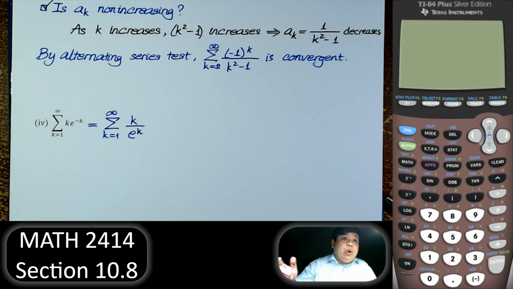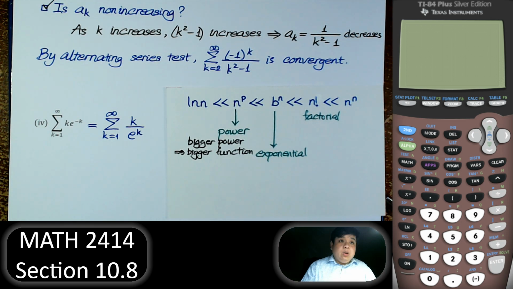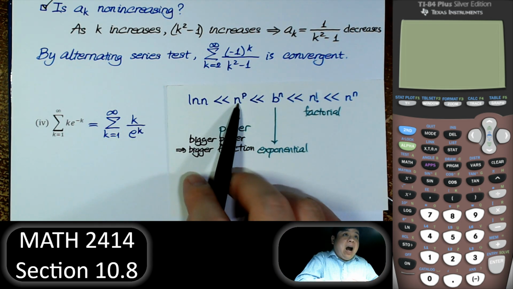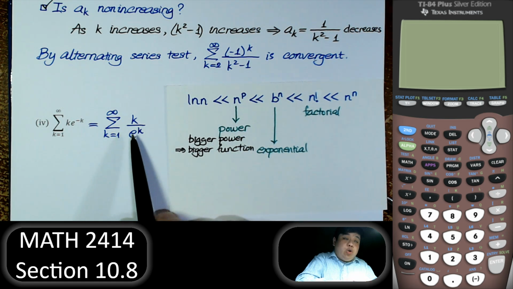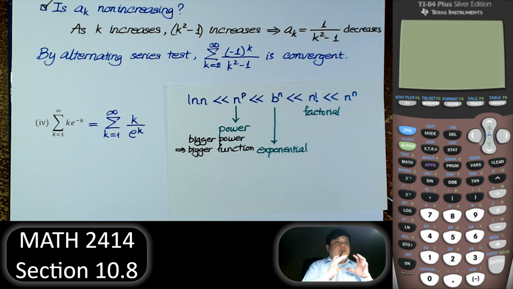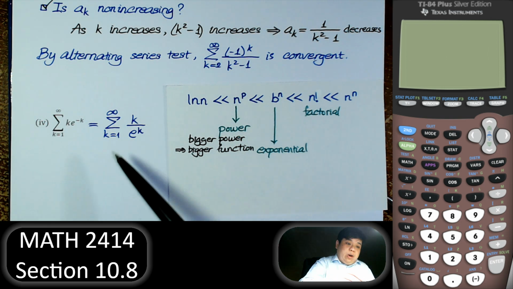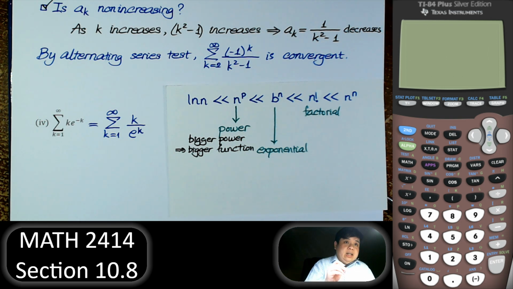Before we do that, let's check the ranking. Which one is faster? k is a power. e to the k is exponential. So we have the faster term at the bottom. That means this one goes to 0. Furthermore, not only does it go to 0, when that is the case, this one is convergent.